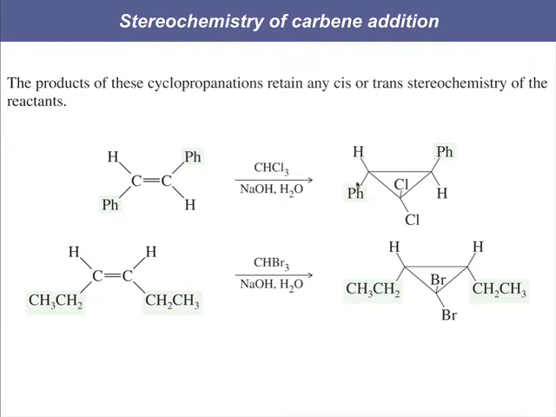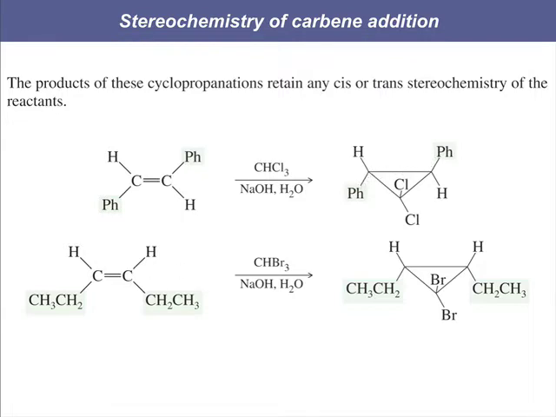Notice that the arrangement of the phenyl groups relative to one another is that they are trans, or anti. The stereochemistry of the reactant, a trans double bond, is retained in the product. Those phenyl groups remain trans to one another. One of them would be a wedge, the other one would be a dash.